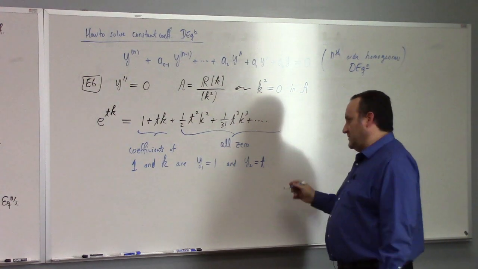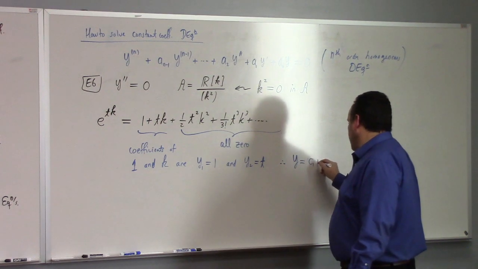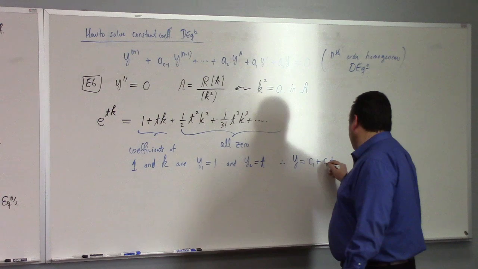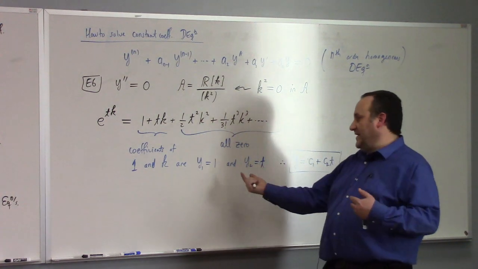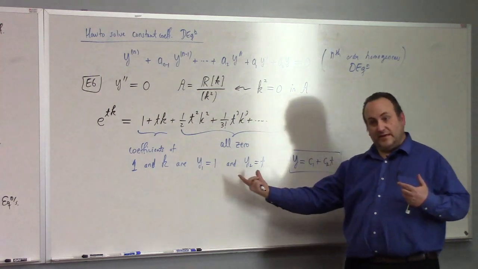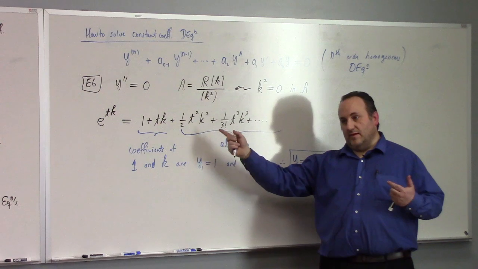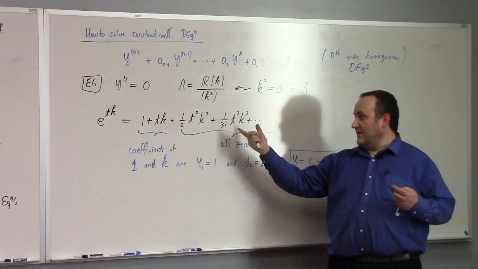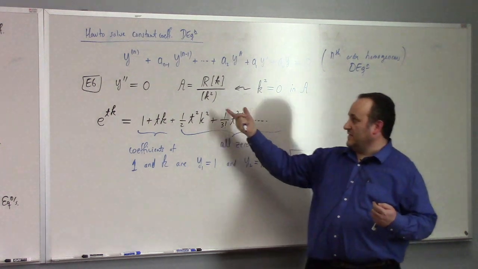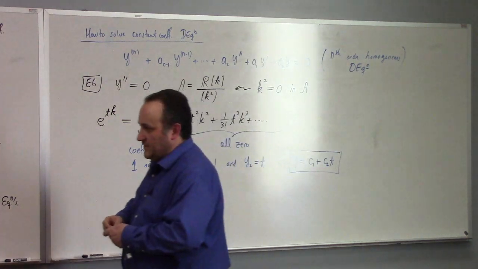You know that the solution to this differential equation is what? C1 plus C2 times t. So that's the general solution here. I have obtained the fundamental solution set, though, understand it, as the coefficient functions of the exponential of the algebra in what I call the characteristic algebra. It's the algebra which is characteristic to the differential equation.